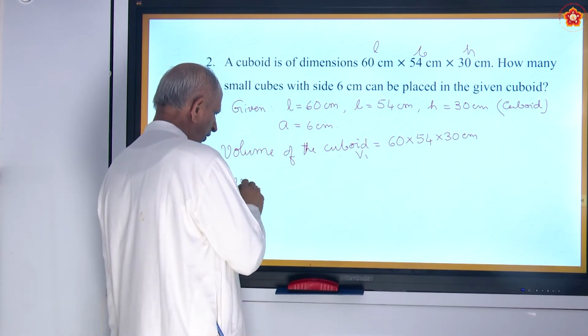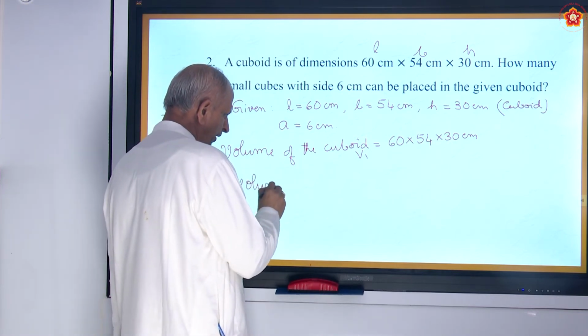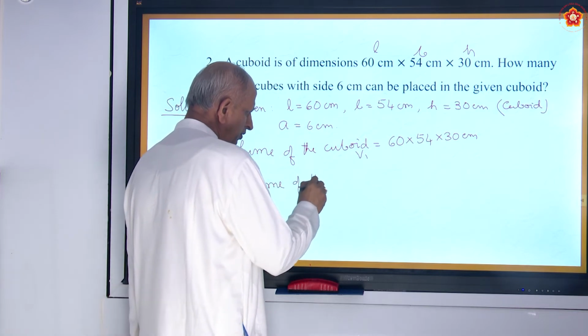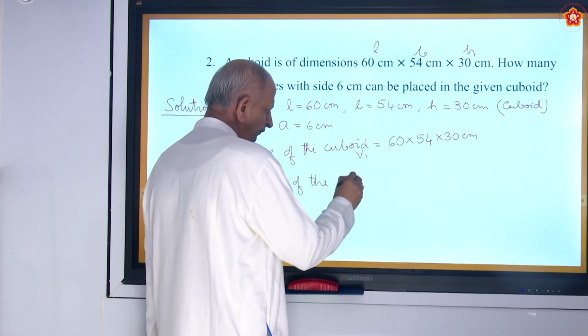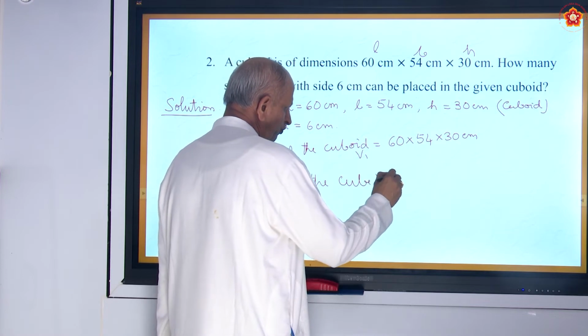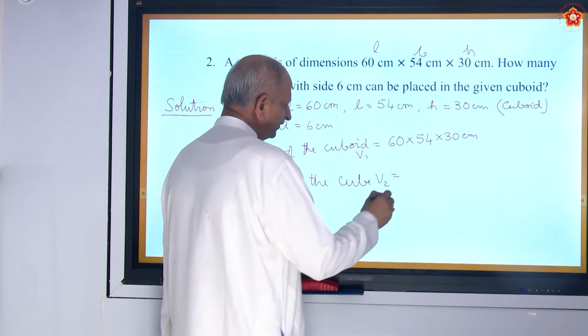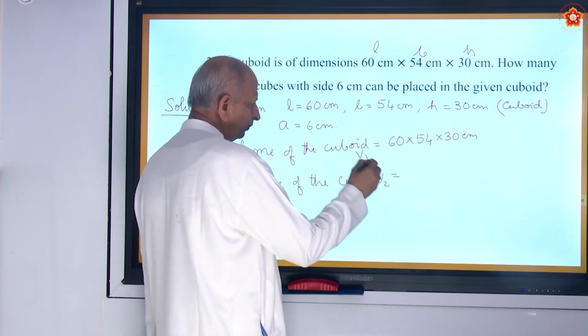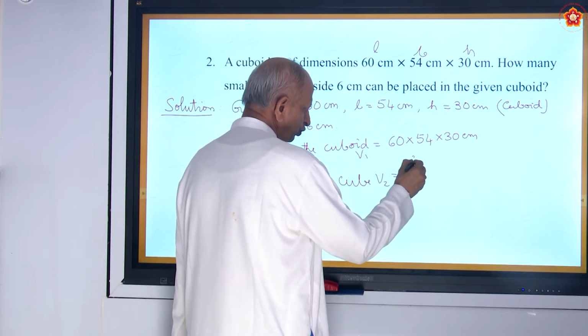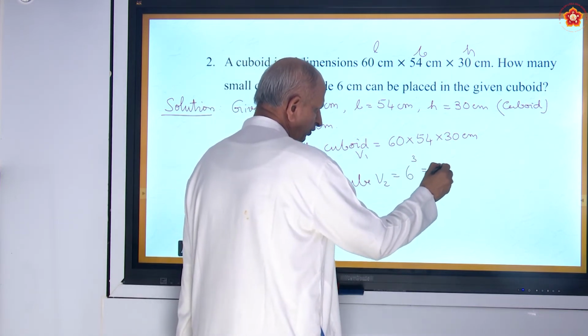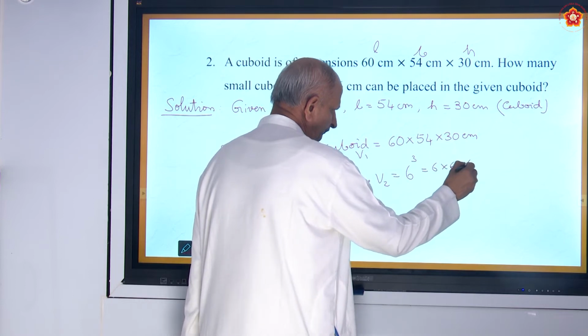And volume of a cube, we call it V2. What is the formula? A cube, that is 6 cube. 6 into 6 into 6.